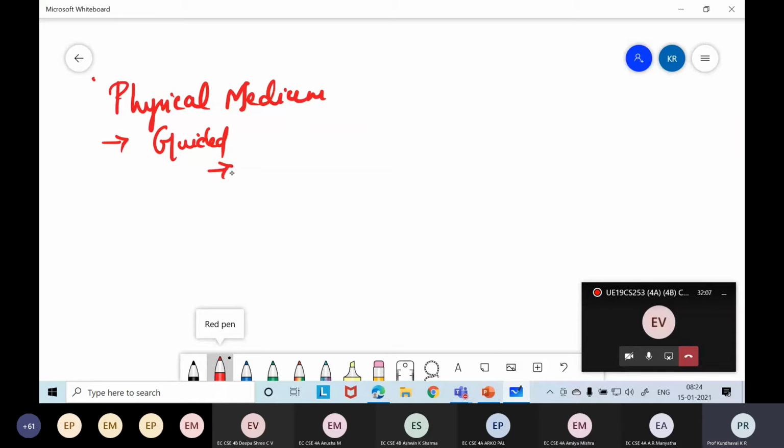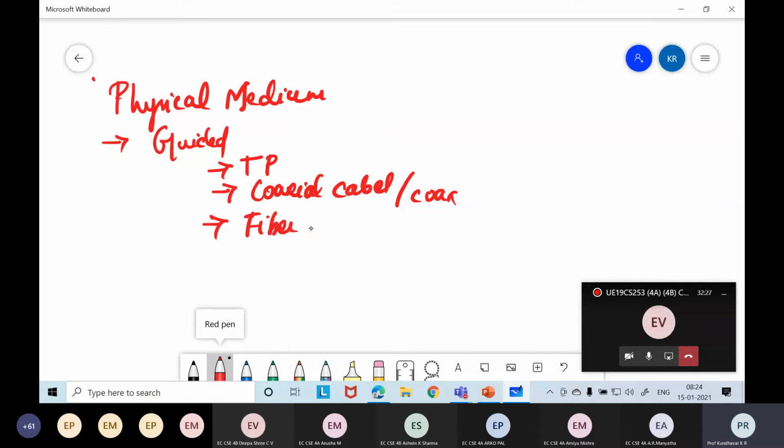Under guided you have three categories. One is twisted pair, one more is coaxial cable, which is often called coax, and one more is fiber optics. So these three fall under guided media. There's one more category called unguided media.